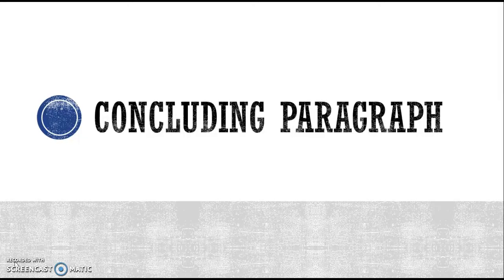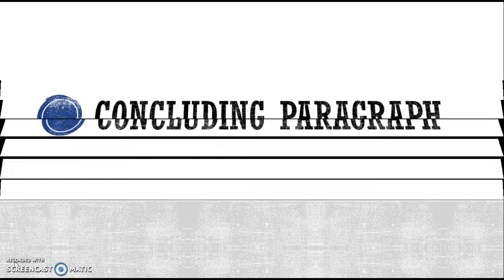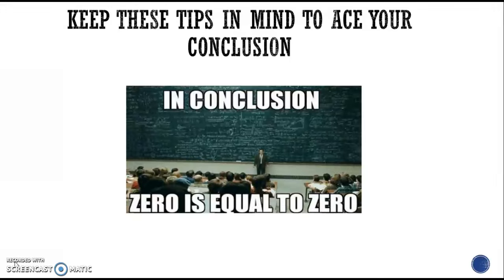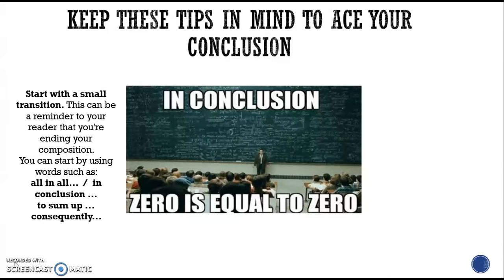Now, let's take a look at our concluding paragraph. Keep these tips in mind to ace your conclusion. First, start with a small transition. This can be a reminder to your reader that you're ending your composition. You can start by using words such as all in all, in conclusion, to sum up, consequently.